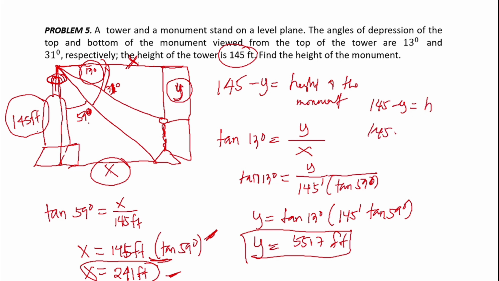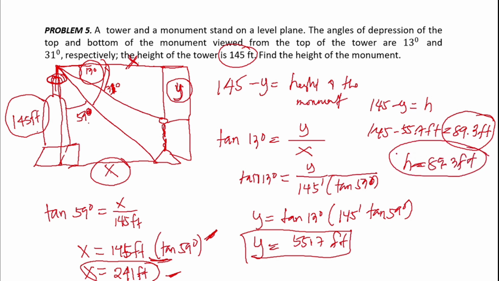So 145 minus 55.7 feet is equal to 89.3 feet. So this is the height of the monument. So height is equal to 89.3 feet. So that's all about problem number 5.